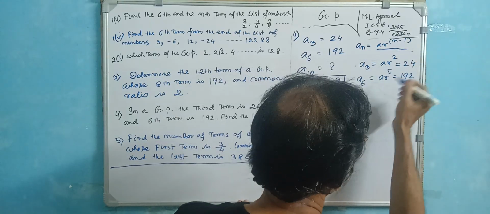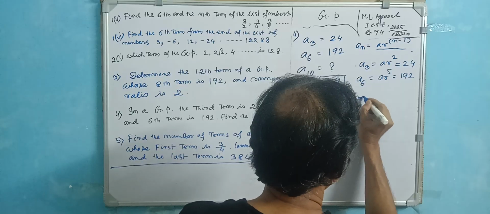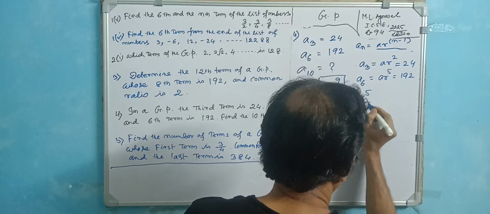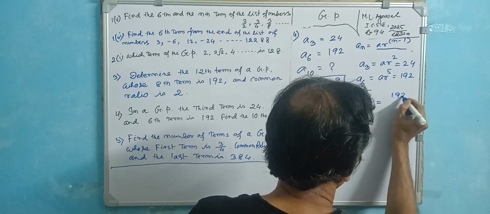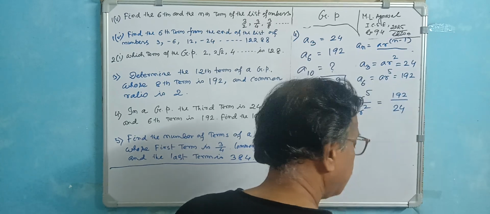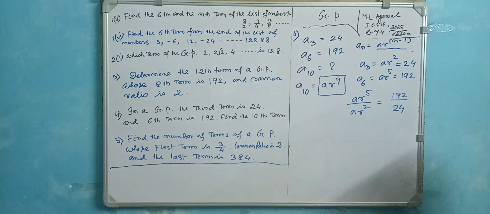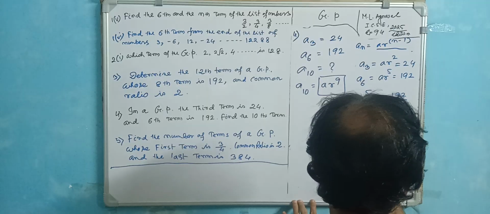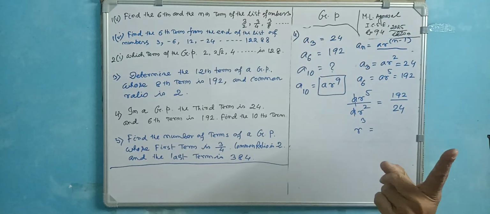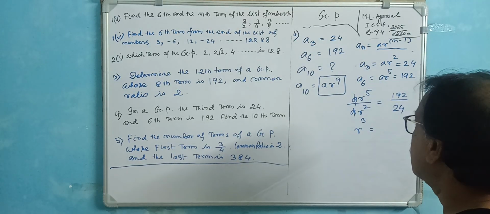From here, you just calculate R: A r to the power 5 divided by A r square is 192 by 24. Very interesting. If you just divide it, A is cut. This is R cube. You know indices, exponents, you just cut it.